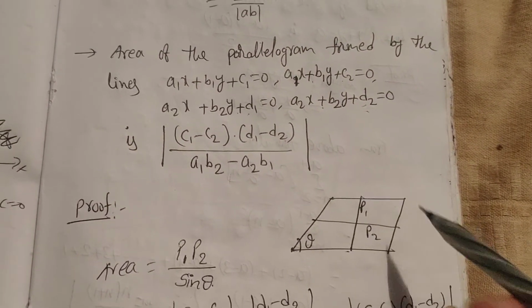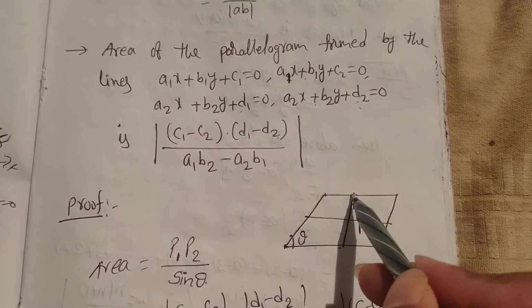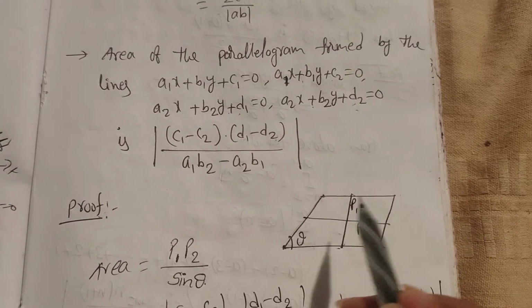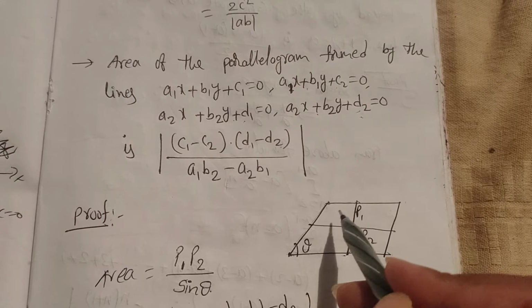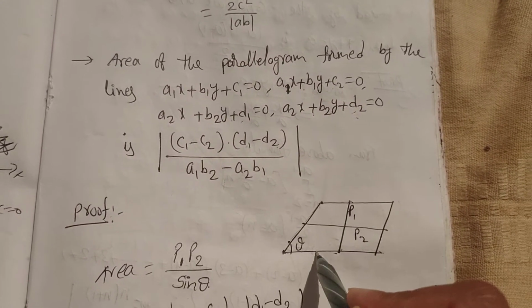Actually the concept is nothing but, if it is a parallelogram and the distance between these two parallel lines is p1, it is not the perpendicular distance from vertex to opposite side.